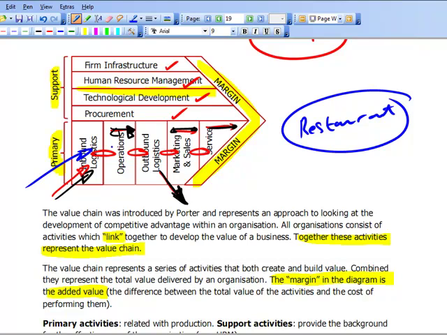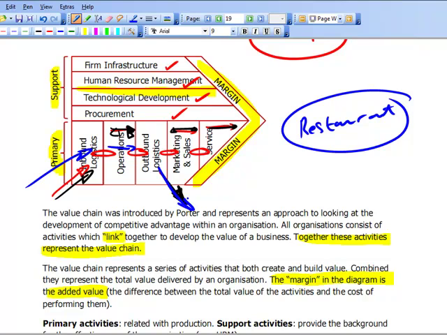The operations are the chefs and cooks preparing the meals. Outbound logistics is when the waiters or waitresses serve the food to the customers. Then marketing and sales, as the name suggests, and after-sales service, which is probably going to be limited in the restaurant scenario.